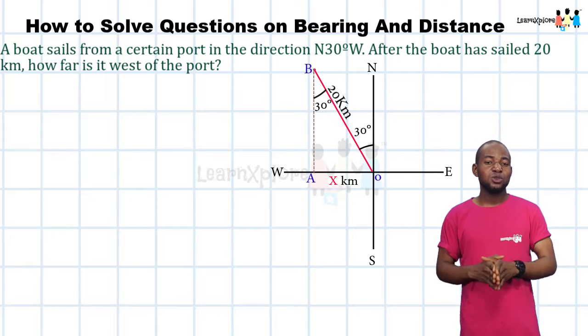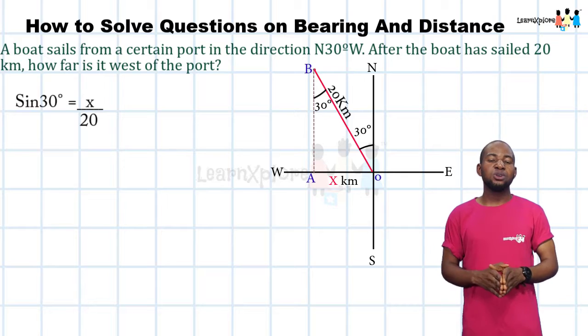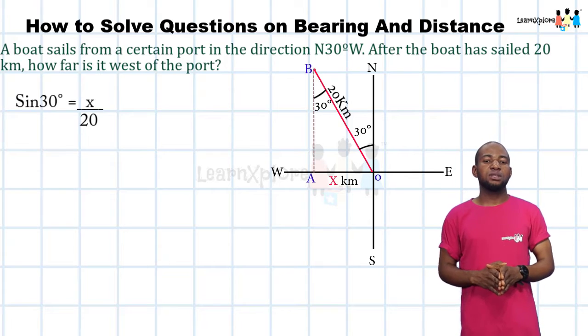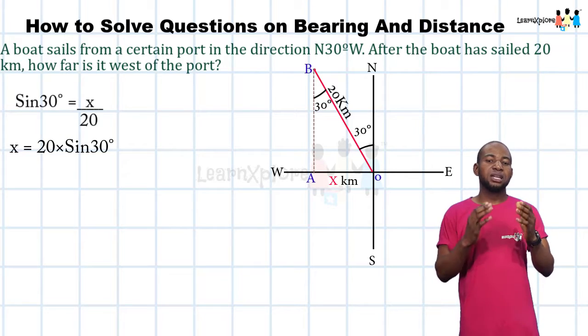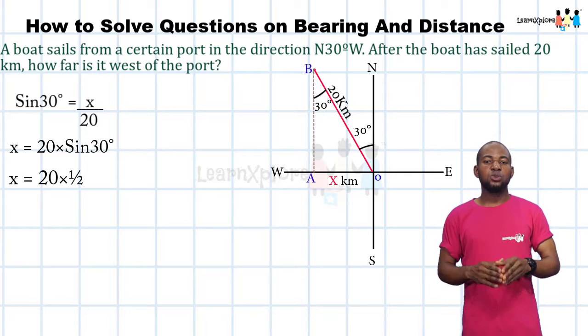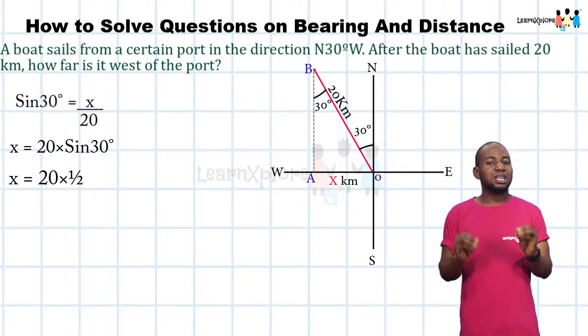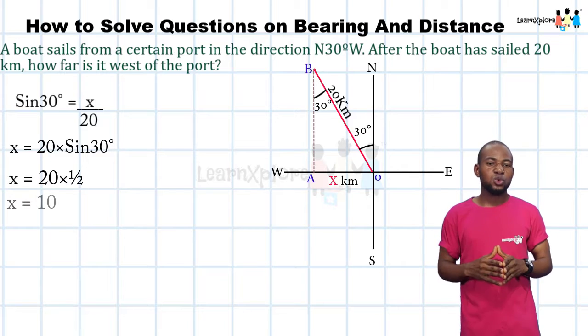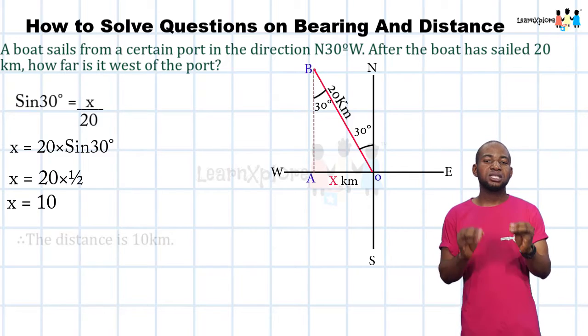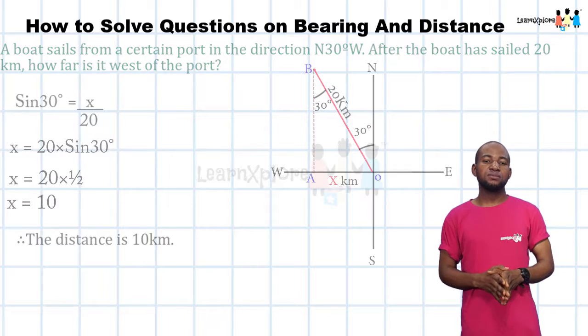So from the triangle OBA, we have sine 30 degrees equal to x over 20. Make x the subject. Sine 30 degrees is equal to 1/2. So we have 20 times 1/2 equal to 10. The distance is 10 kilometers.